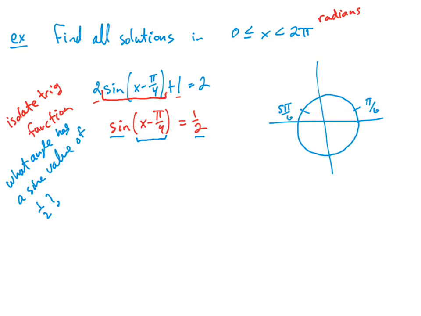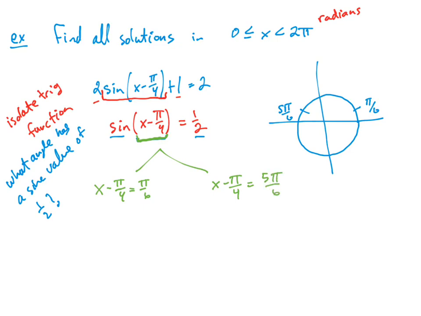So what we do here, because we have those two values, and inside the argument we don't just have x, what we do is we branch this off into two separate equations. x minus pi over 4 is equal to pi over 6, and x minus pi over 4 is equal to 5 pi over 6.